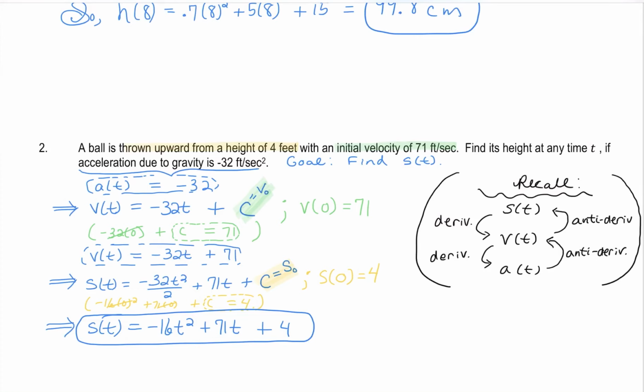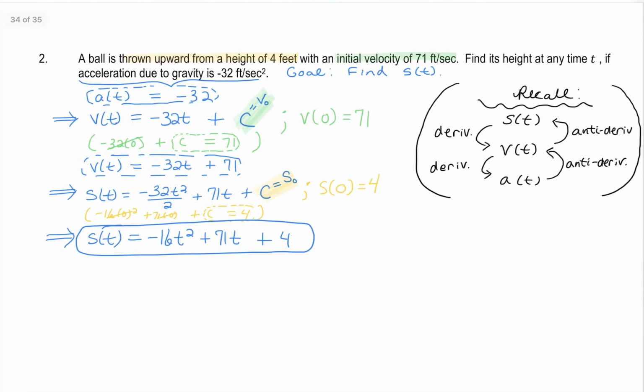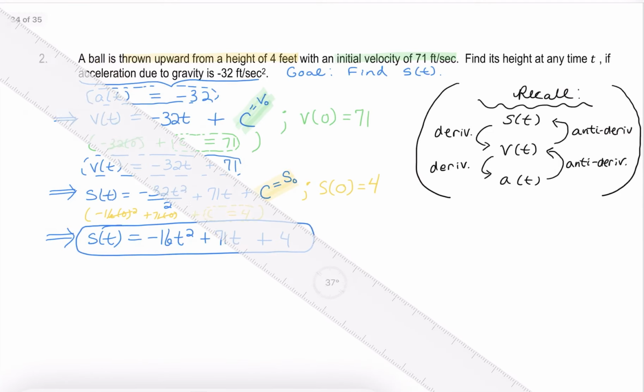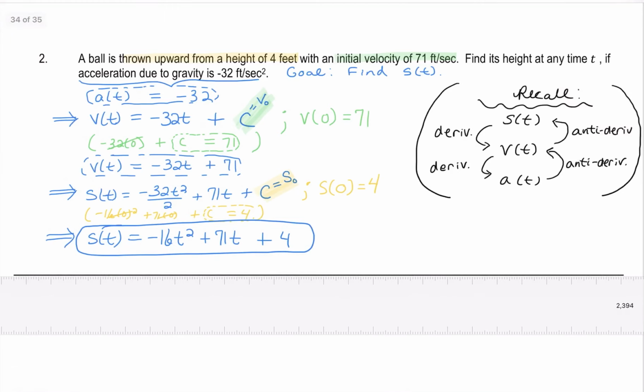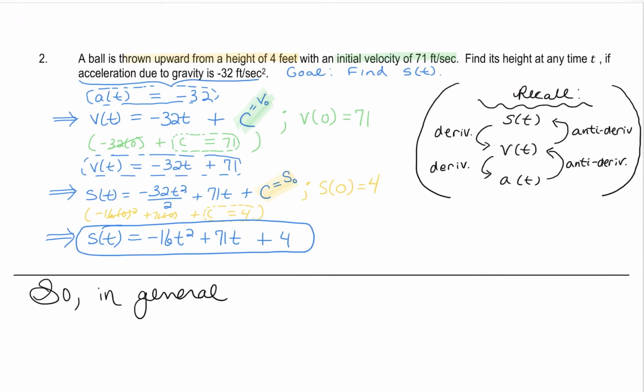Now, what I want you to notice in general after we look at this problem is the following. A lot of you physics students in particular already know this and are probably bored to tears as we go through this example, but here's what I want you to observe.